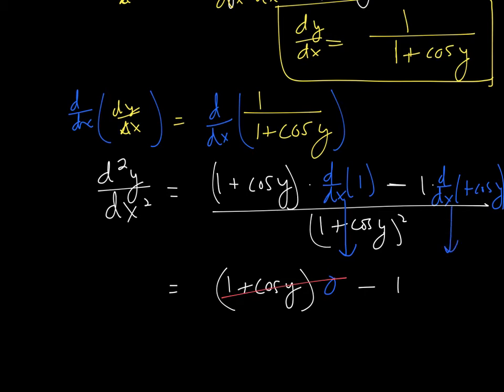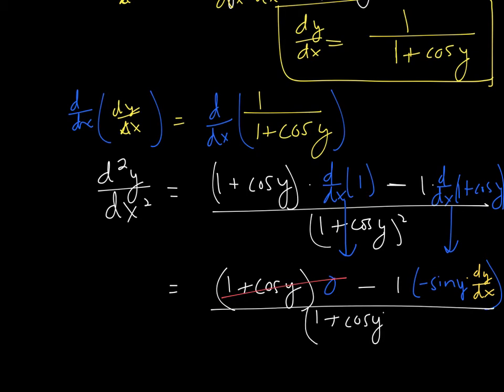Looks like I lost a 1 there. 1 plus cosine y, derivative of 1 is 0. Derivative of cosine is negative sine of y. And I'm going to have to follow that one times dy/dx since I am doing my implicit differentiation. So let's throw the denominator back in there, 1 plus cosine y, quantity squared.